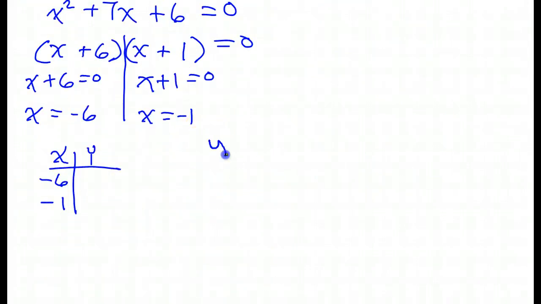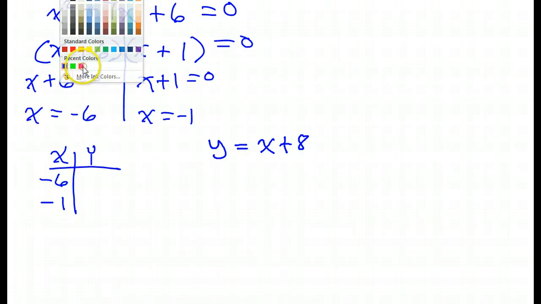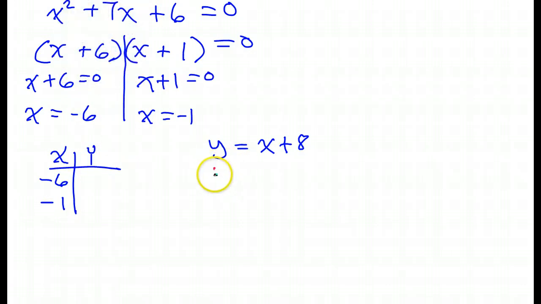Okay, so I'm doing y equals x plus 8. So if I wanted to do this by hand, first I would plug in the -6. And so this would become y equals -6 plus 8. Alright, and that would give me y equals 2.